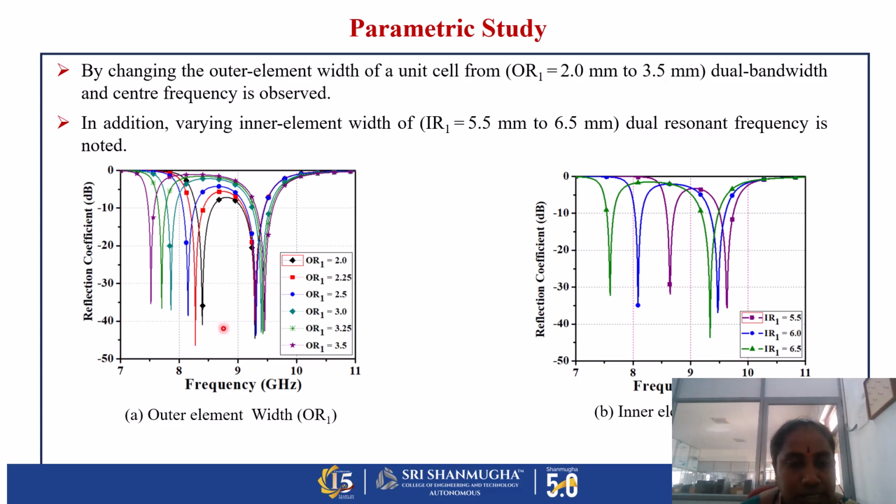Here we maintain the same resonance frequency, with only slight deviations in the response. And in figure B, I varied the inner radius, that is inner element IR1, from 5.5 mm to 6.5 mm. A different resonant frequency and different dual band occur in the response.